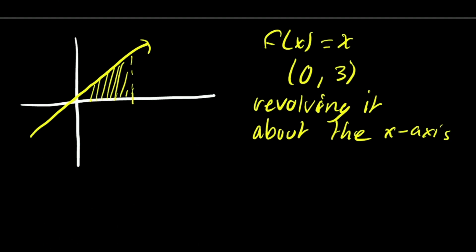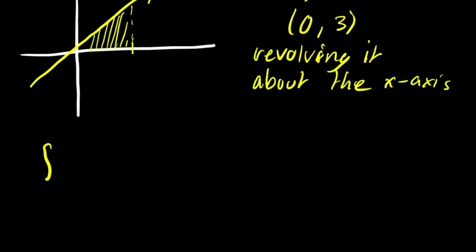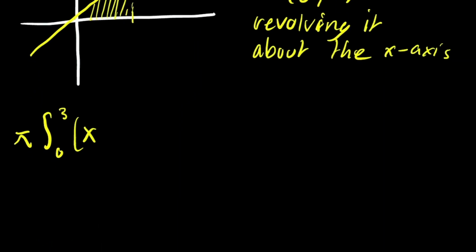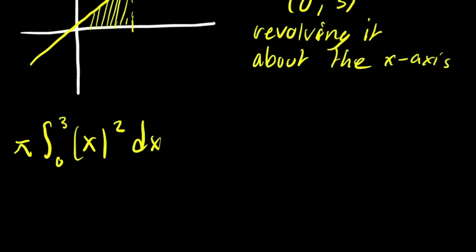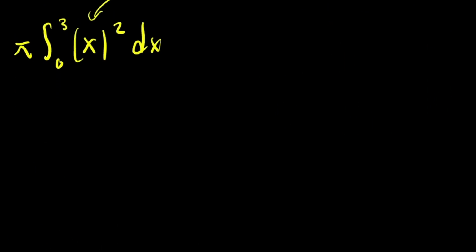All right, so revolving it about the x-axis from 0 to 3. So doing it the calculus way, we've got 0 to 3. Don't forget the pi, that's important. x squared dx, right? Because our f of x is equal to x. So we've got pi times the integral of x squared dx.